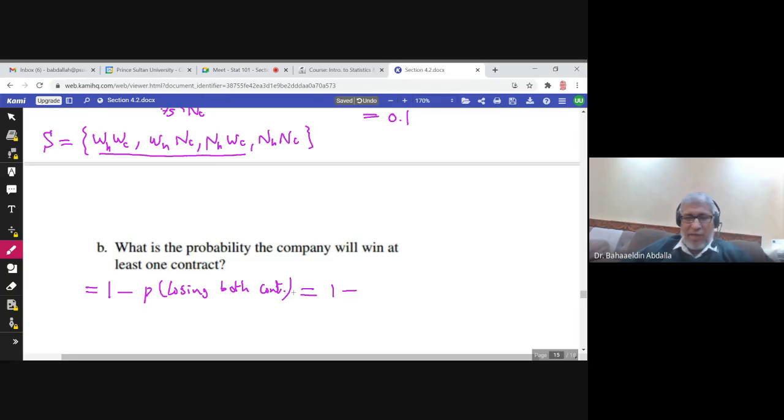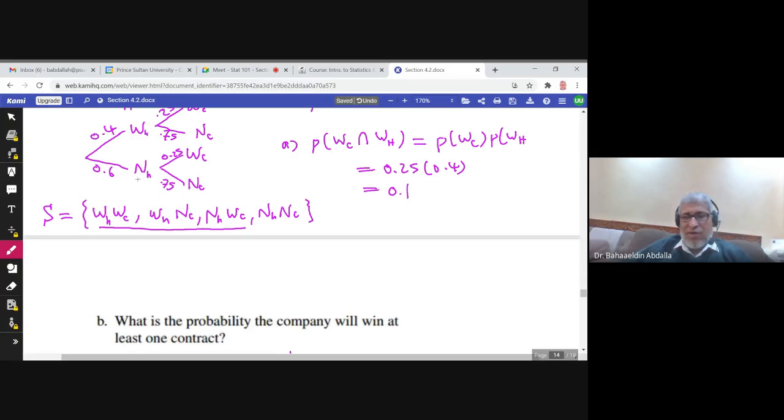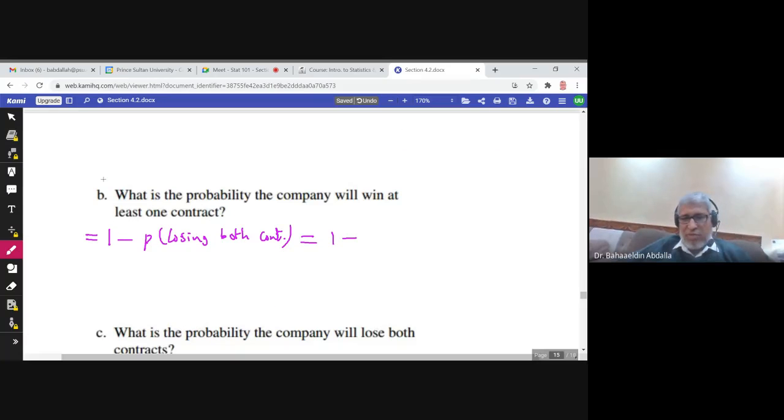So it's 1 minus 0.6 times 0.75, and this would be the probability of winning at least one contract. The answer is 0.55.